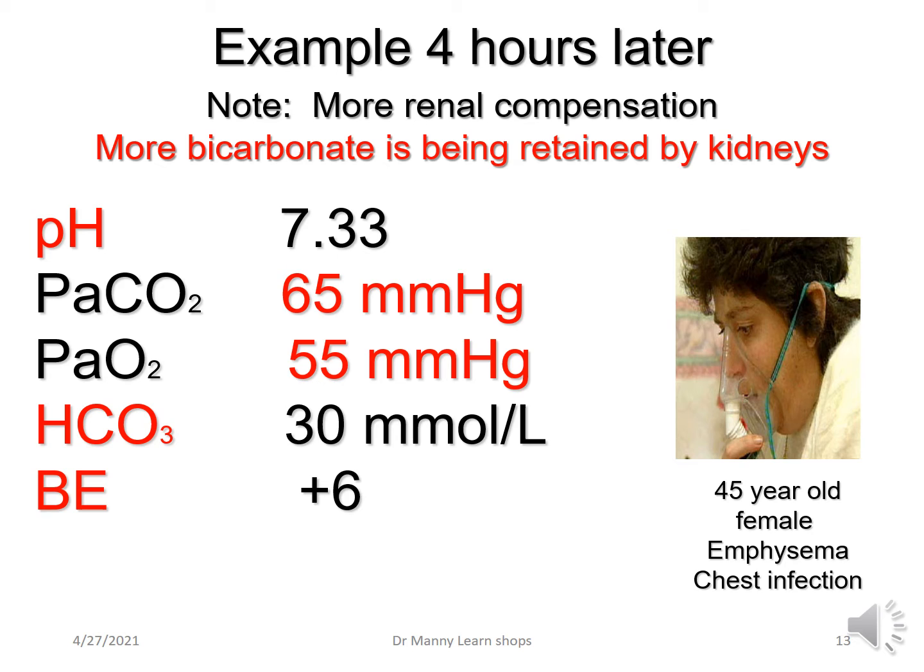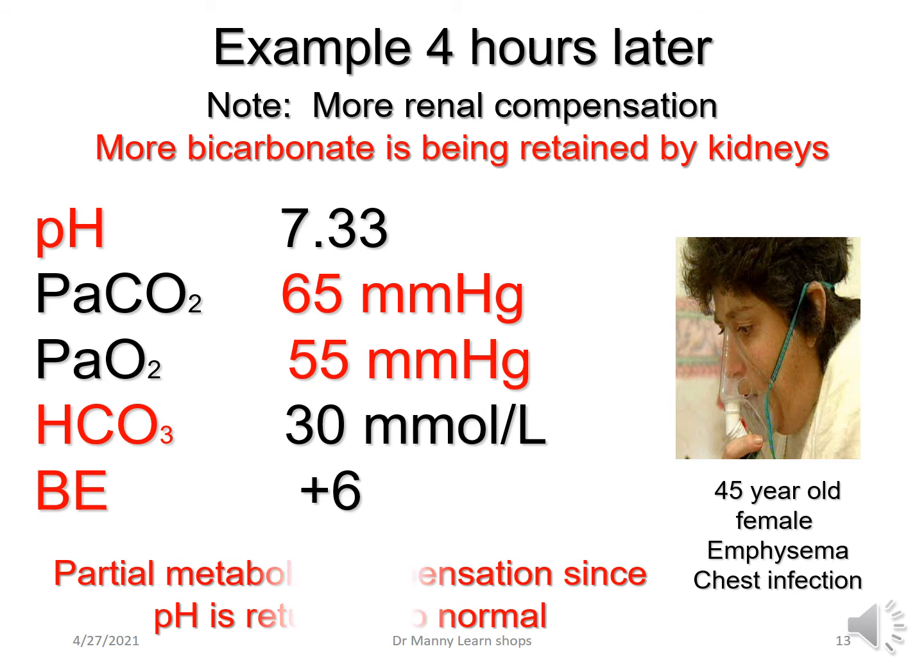It's not normal, so therefore there's been partial compensation. The body is trying to get the pH back to about 7.35 if possible. Despite the problem persisting, PaCO2 65, PaO2 55. So what you've got is a partial metabolic kidney compensation because the pH is returning to normal.